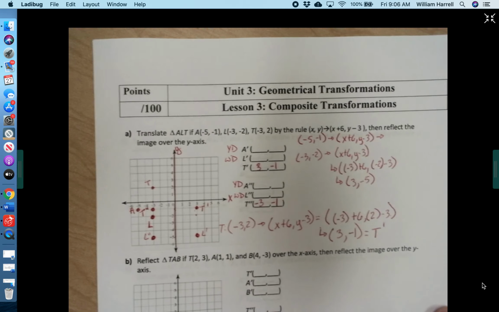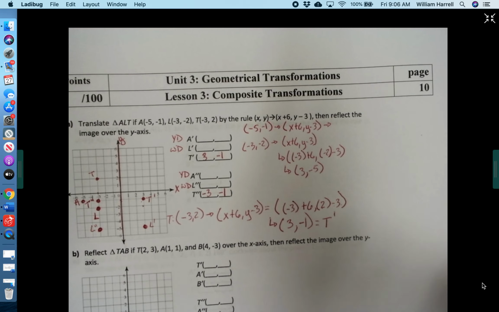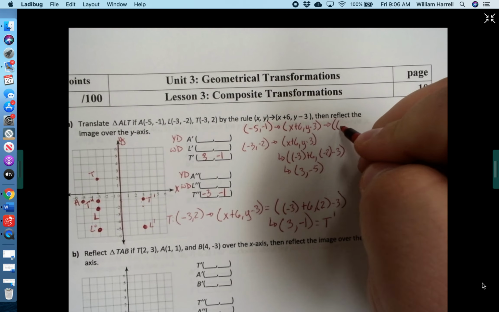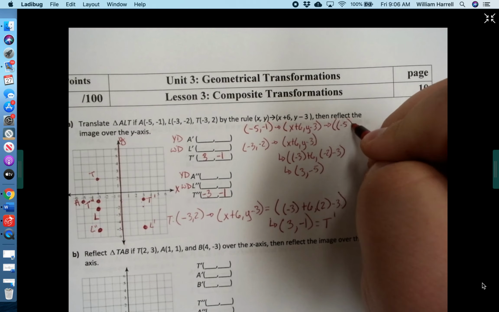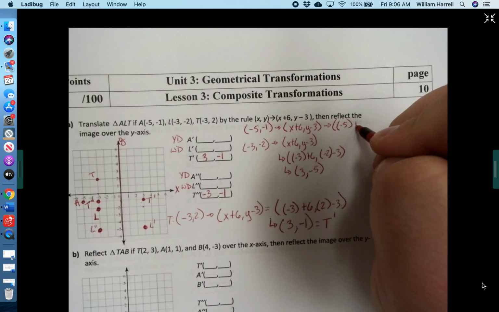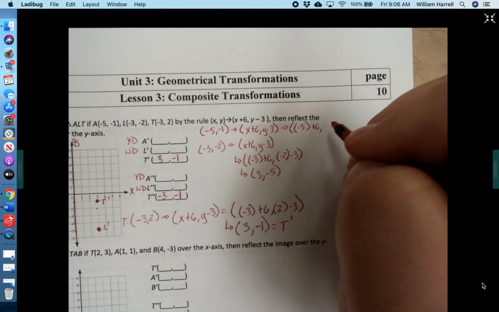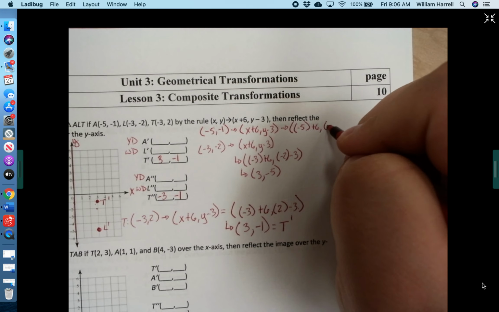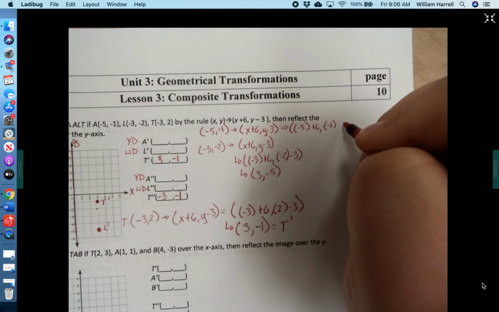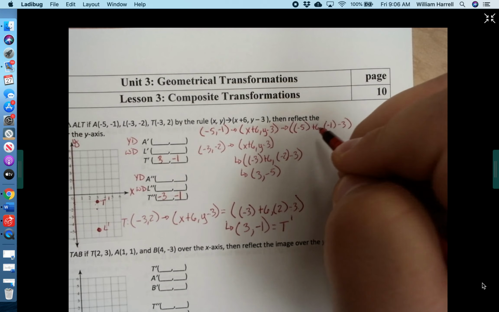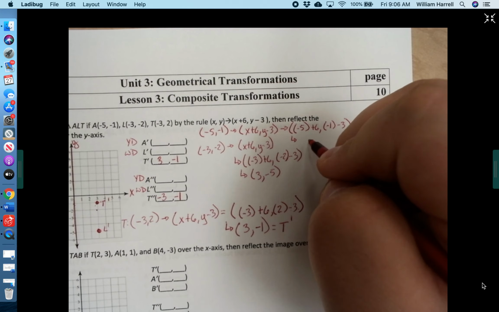After I write the rule, I'm going to actually apply it. Again, whenever I plug stuff in, I put it in parentheses, and that's just a habit I got from doing substitution so many times when I was in college. It's just second nature to me now.